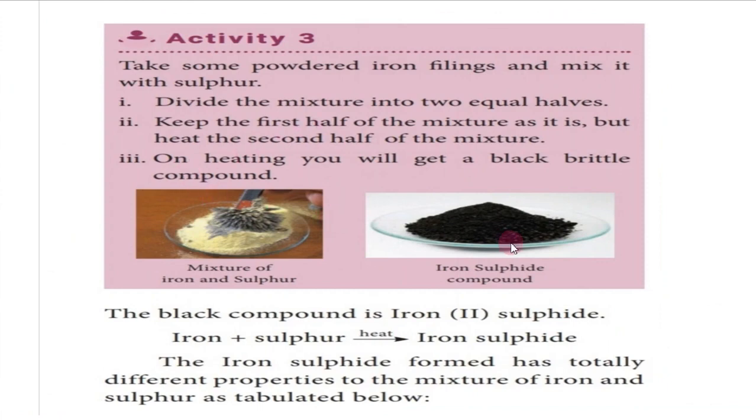From this picture itself you can say the difference. See these two pictures. This is a mixture, this is a compound, right? The first difference: a mixture contains two or more substances, while a compound contains only one substance.